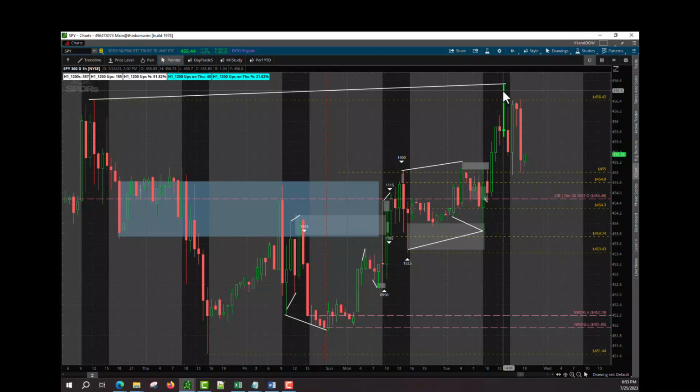then we would love for it to stay above this candle, or at least this candle.